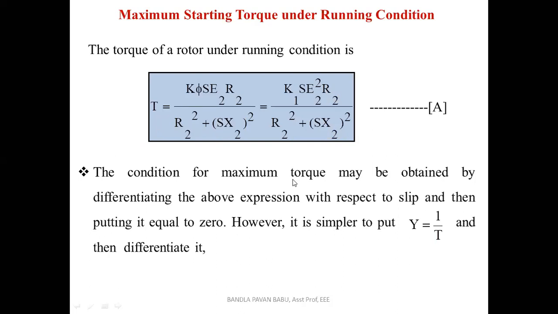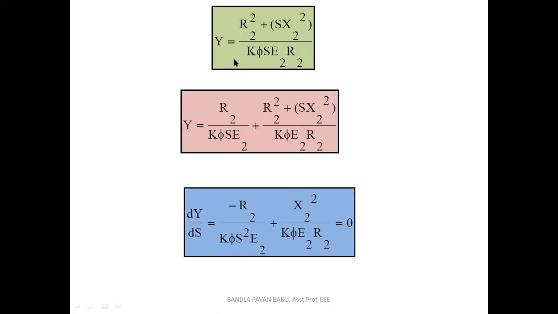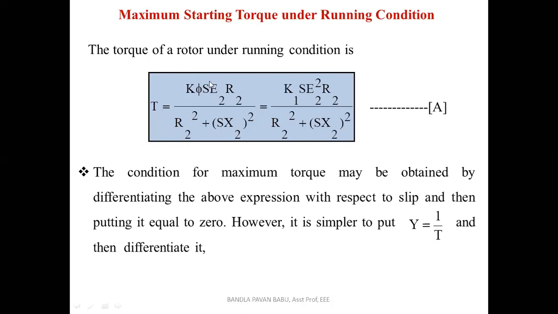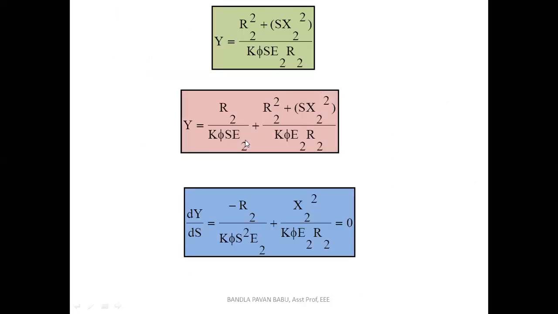Here y equal to 1 by T. So this part I have taken: k phi s into e2 r2 by r2 square plus s into x2 whole square, and I have made it y equal to 1 by T. Next, for doing the differentiation, I am separating the terms.